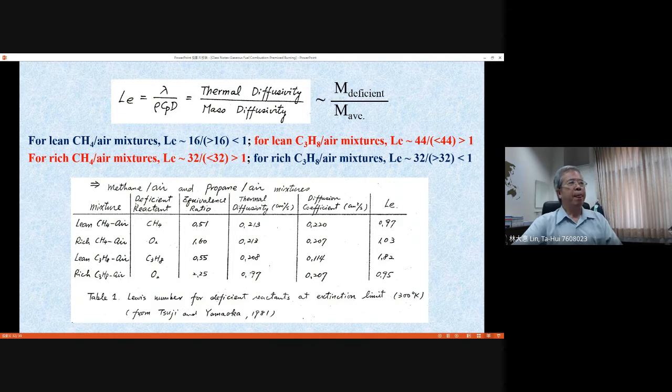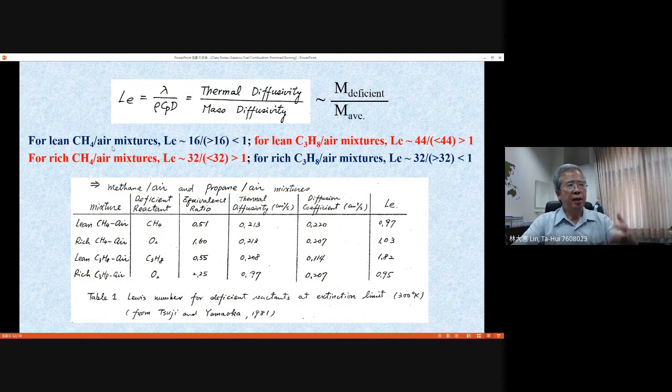Okay, the first one. If you think about the lean methane air premixture, now you think about this Lewis number can be evaluated approximately. Now this is lean methane, right? And which one is the deficient one? Methane is the deficient one. Then in the numerator here you have 16, right? A molecular weight. But in the denominator you will think about the methane mixed with air.